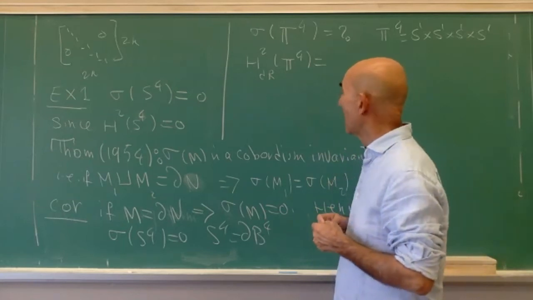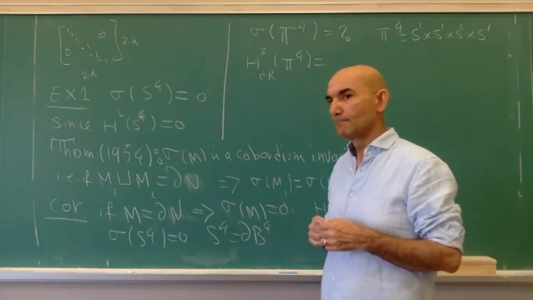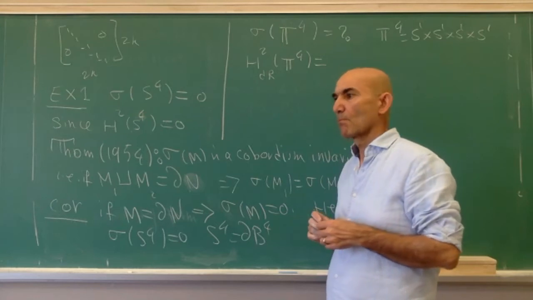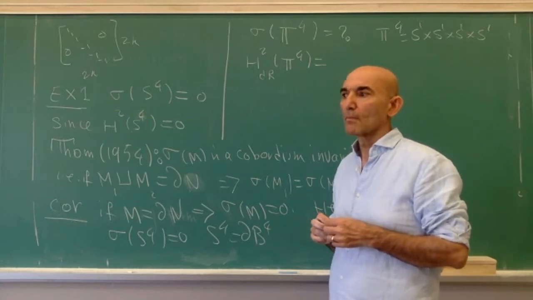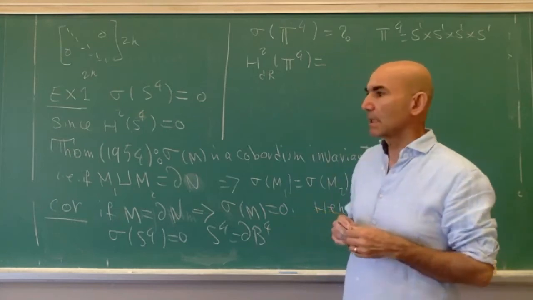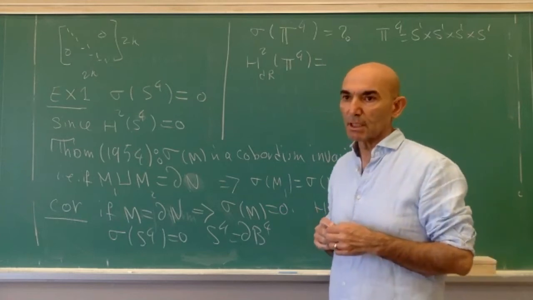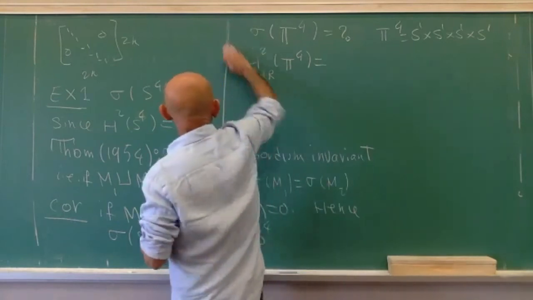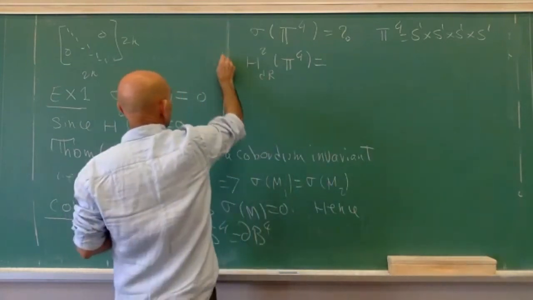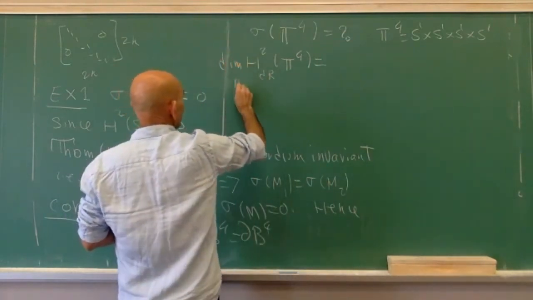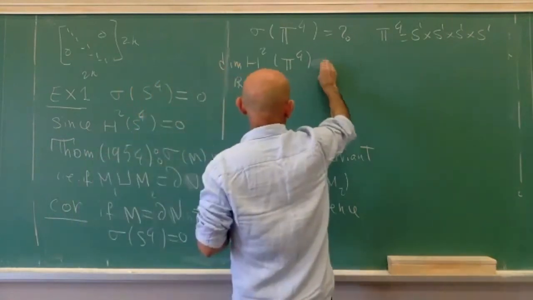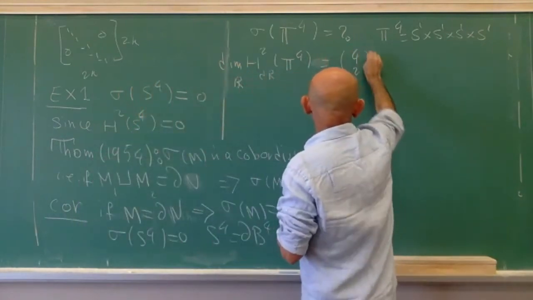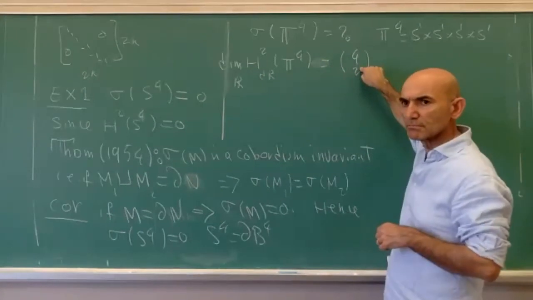So that will be R direct sum R direct sum R squared, so rank 4. Its dimension is going to be 6. That is 4 choose 2, which is 6, right?